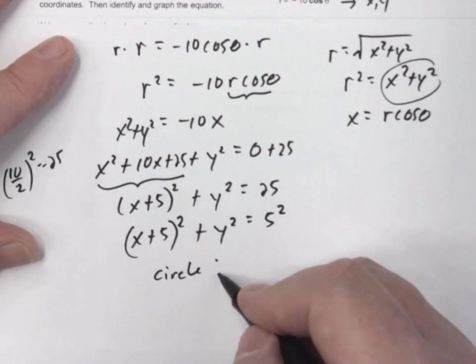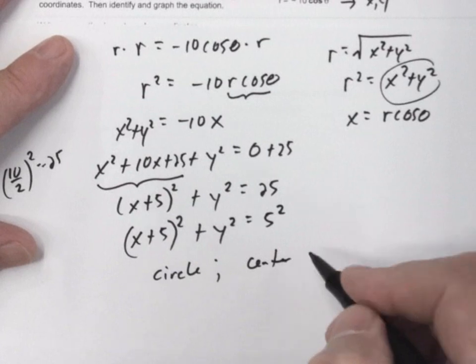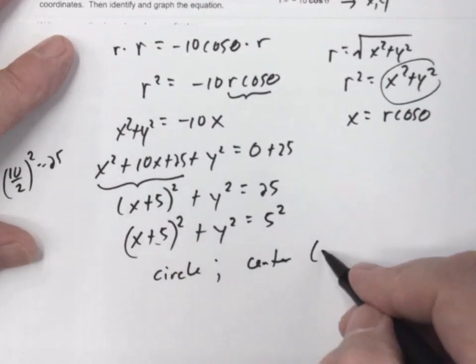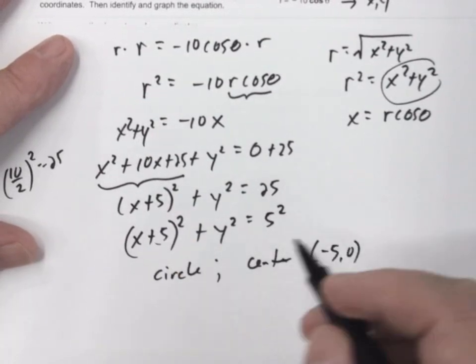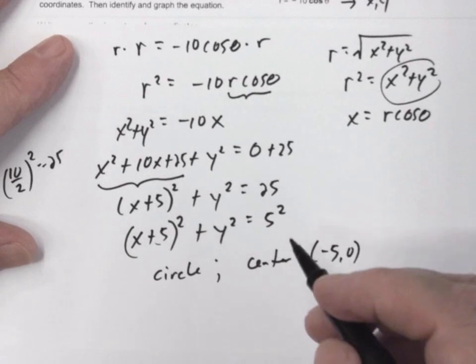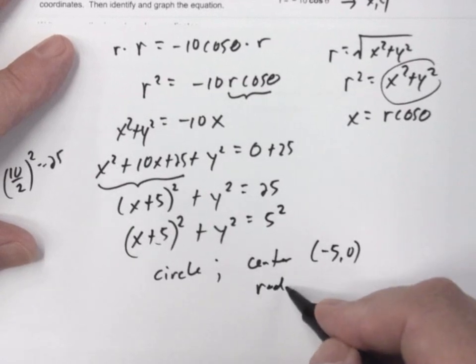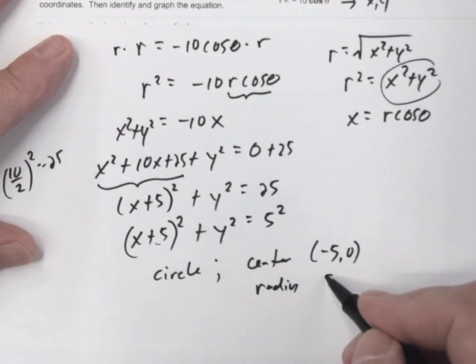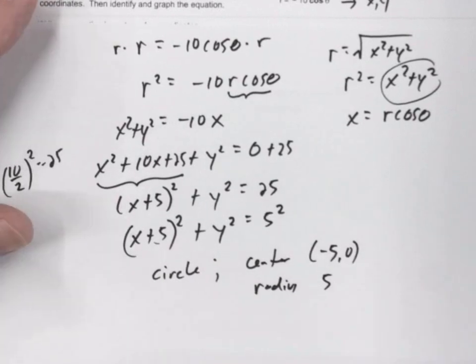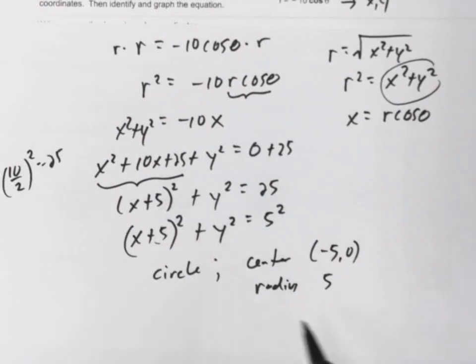And the center is at -5, 0, and the radius is going to be 5. So this is based upon remembering the equation of a circle. That may be asking a lot for people, but that's how you have to do this.